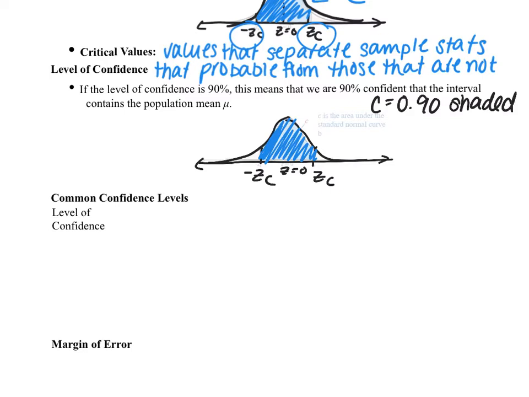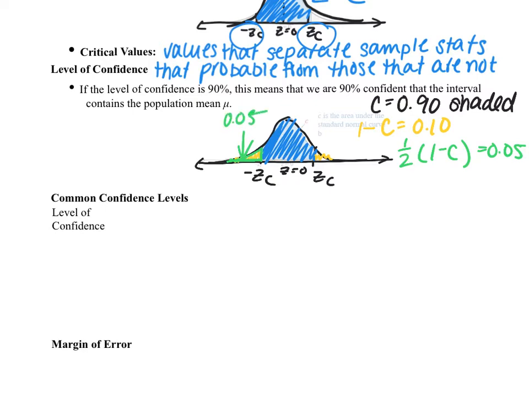The area outside the shaded region would be these two yellow pieces, and that is 1 minus C, which would be 0.10. The area in just one of the tails would be half of the total area outside, so this is 0.05. And then our critical values for the left and right tails: if we wanted the critical value for this left tail, the area is 0.05.